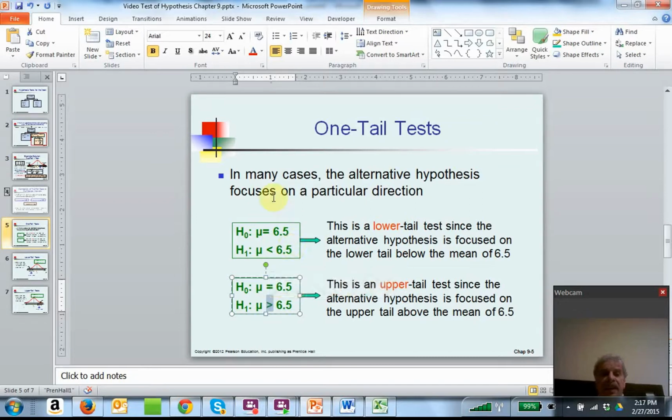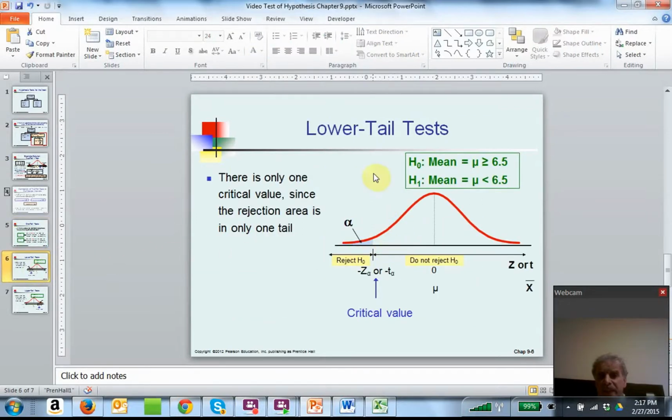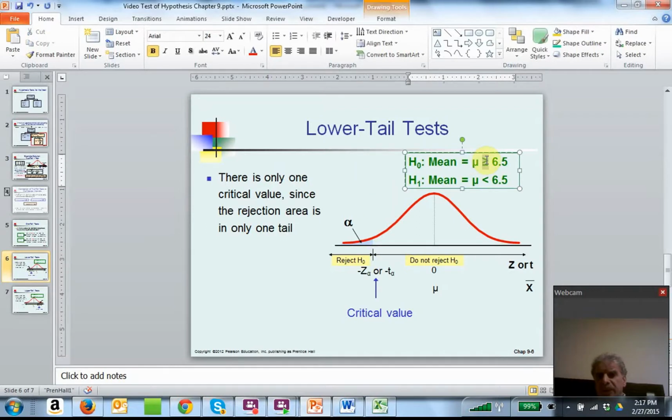Now, eventually, this will tell me when I go to the table whether I have to go to the left tail or right tail. Right now, if we assume that my alternative is less than, then when I go to the table, eventually I'm going to use the left tail.